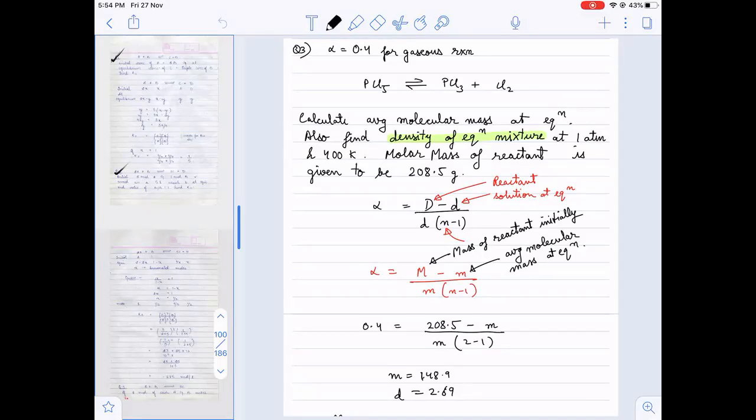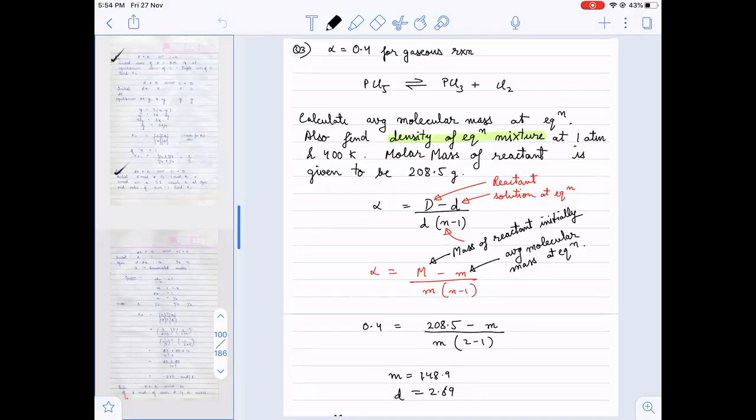Small d is the vapor density, and vapor density is equal to average molecular mass at equilibrium divided by 2. So we can replace these capital D's and small d's with the molar masses or molecular masses.